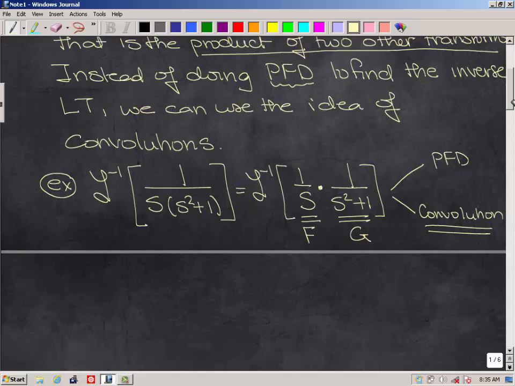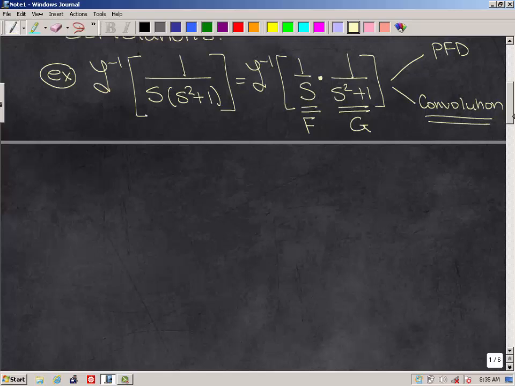Before we learn how to do those things, let's quickly take a look at the idea of convolutions first. So let's start by deriving the formula for convolution. The idea is it helps us take the inverse of products of two transforms, right? So let's start with that. Let big F of s and big G of s be two transforms.